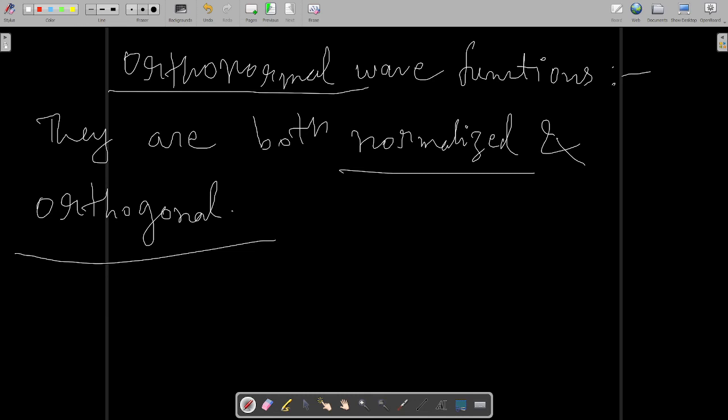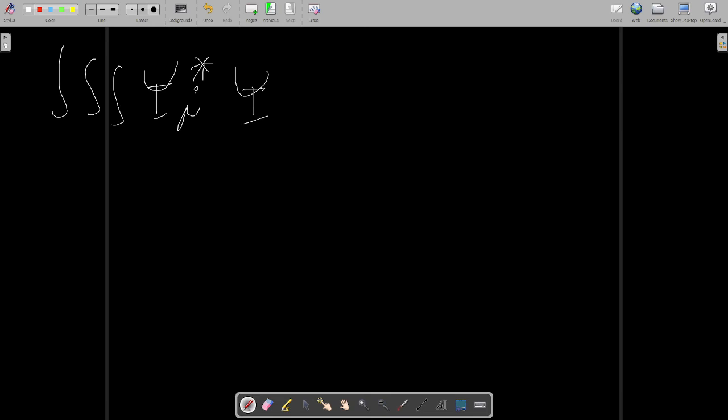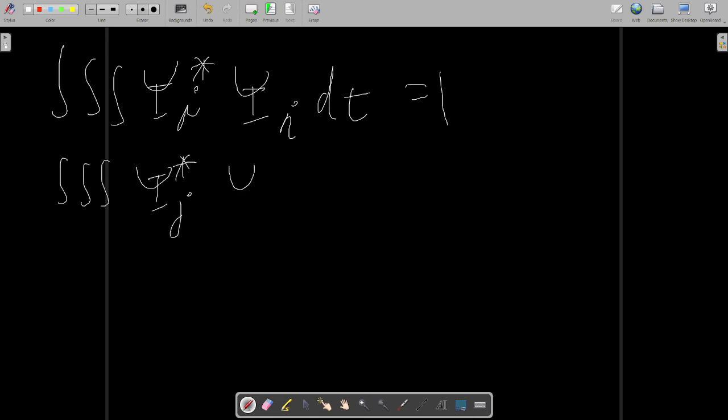So how can we write the orthonormal wave functions? How can we denote them? Let me write over here that I had already told you that this thing yields you 1, right? This thing also yields you 1.